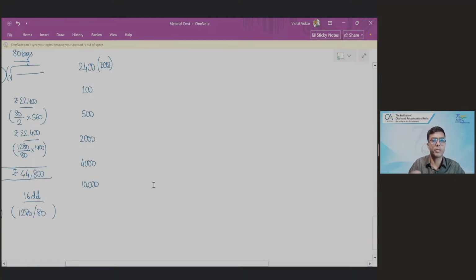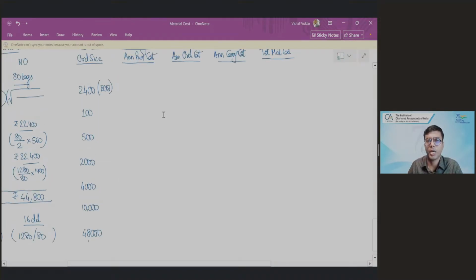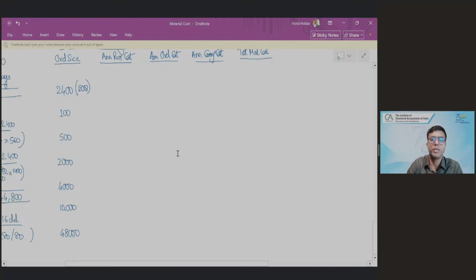You can practice all. In exams, you will be given only one or two options for comparison. Now, for all these different options, I have to find out how much will be the extra cost.